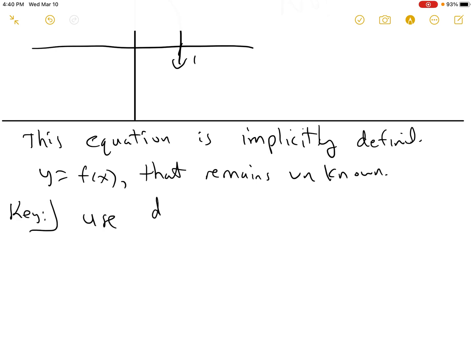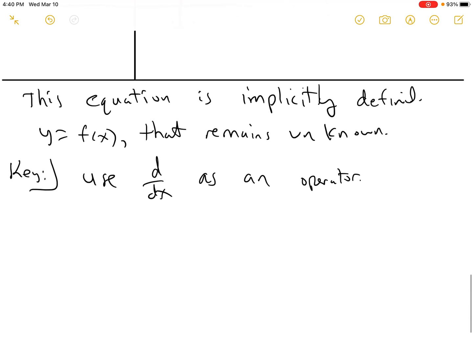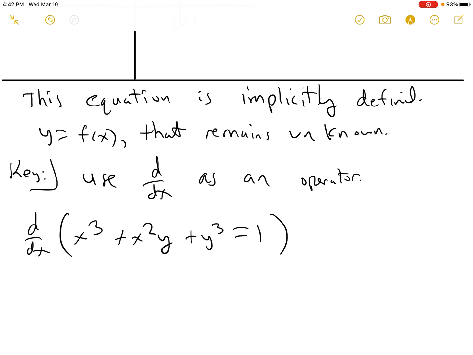We're going to use the derivative with respect to x as an operator, right? It operates on terms. So I'm going to take the derivative with respect to x of this curve, which is implicitly defined. I can't solve for y explicitly. Okay? Here's where you need to pay attention.